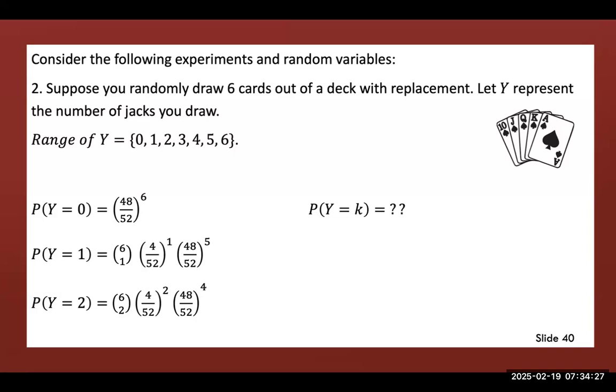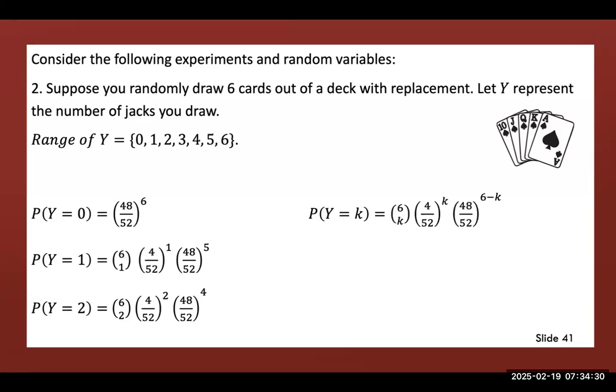So the formula is however many successes we want, that's the number of checks, we're always going to have 6 choose whatever that number is. So let's say it's k. It's going to be 6 choose k. If k is 3, for example, then it would be 4 over 52 to the 3rd power. And then the 48 out of 52, you take the number of spots and you subtract the number of successes.